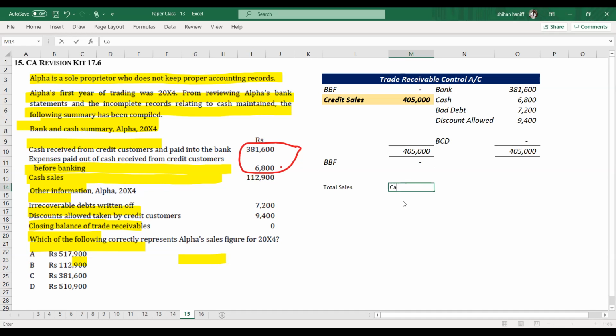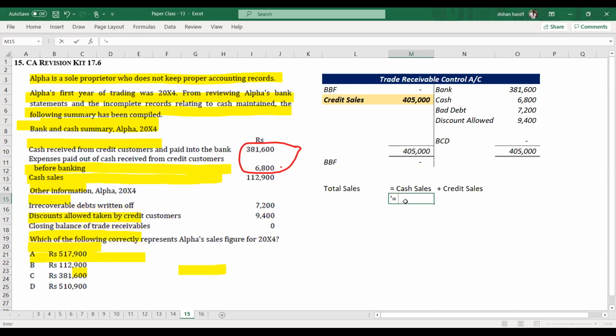Total sales equals cash sales plus credit sales. Cash sales is given, 112,900.